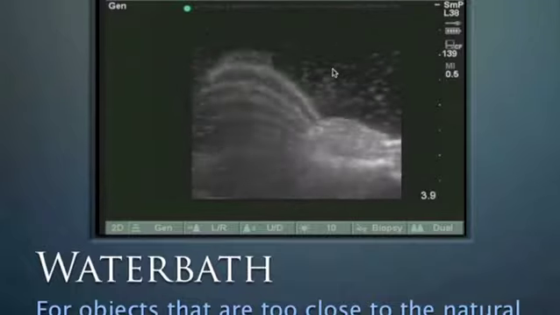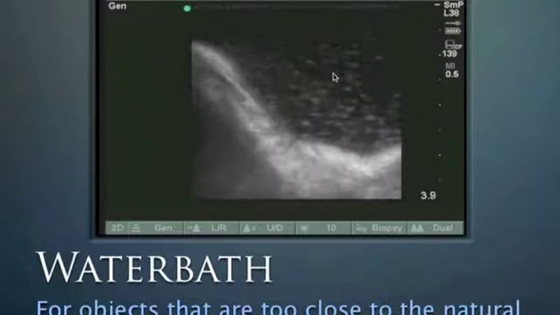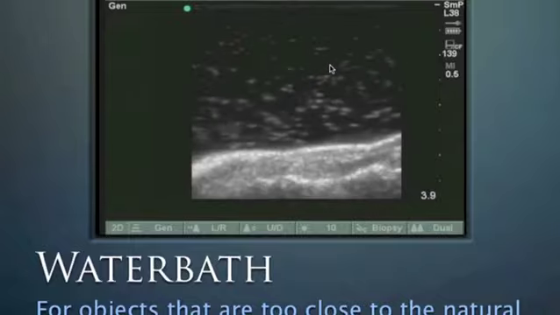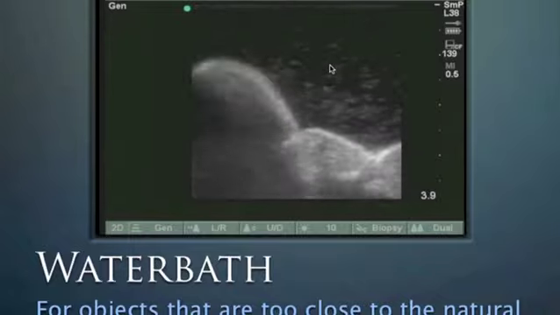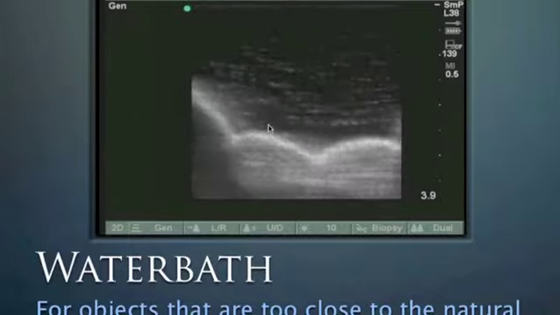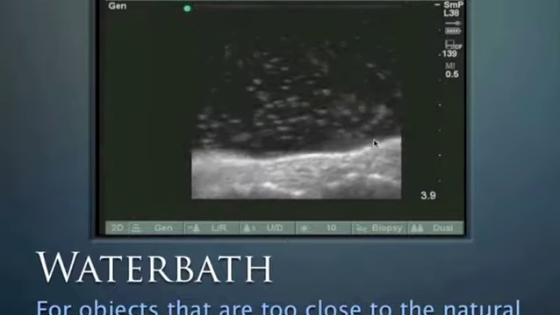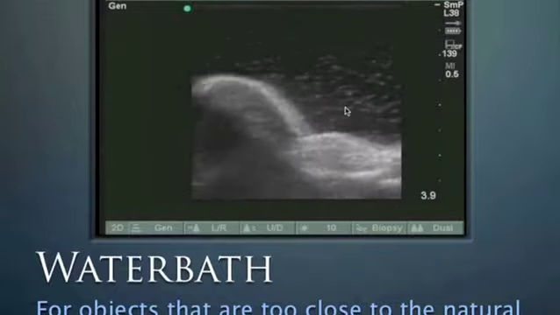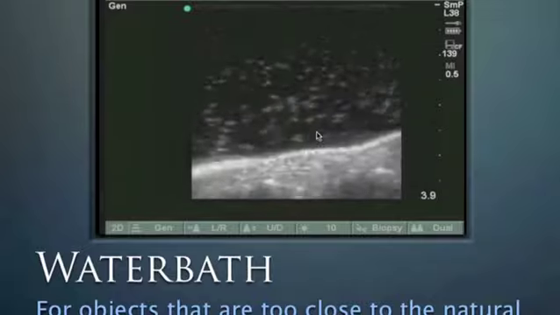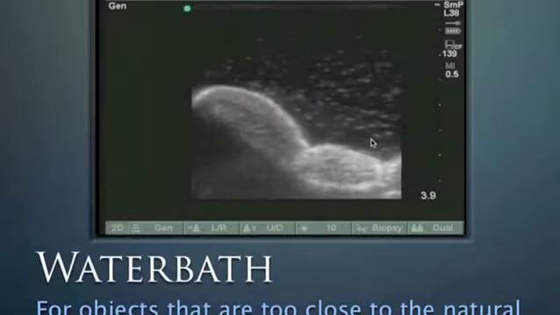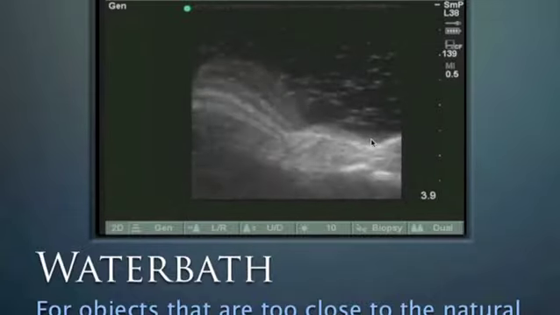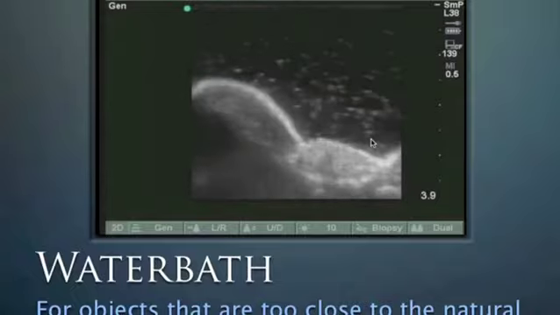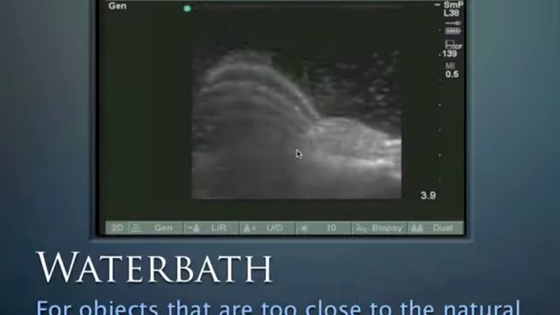That's air in the water, and that's what it looks like when it hasn't settled out of the water yet. A little bit of air still in this water bath. And this is the flexor surface of the finger, and as we stand away from it a little bit, we can see very good sonography of the entire surface.